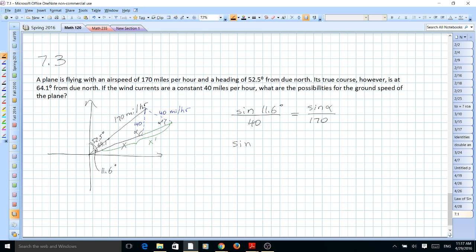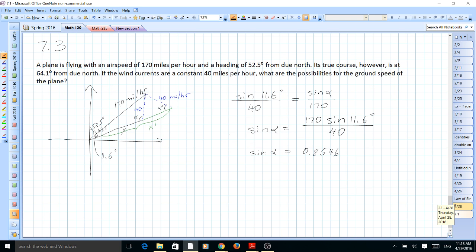So sine of alpha will then be 170 times sine of 11.6 degrees divided by 40. You put this in a calculator, you will have 0.8546.